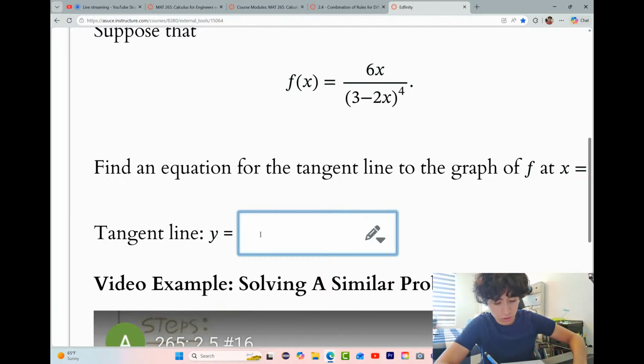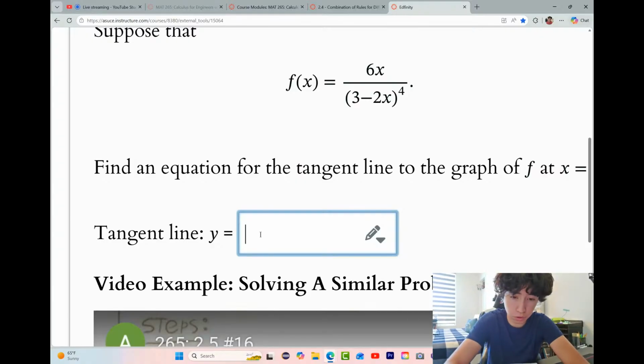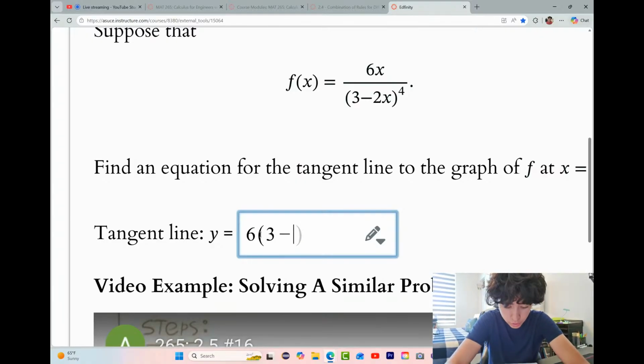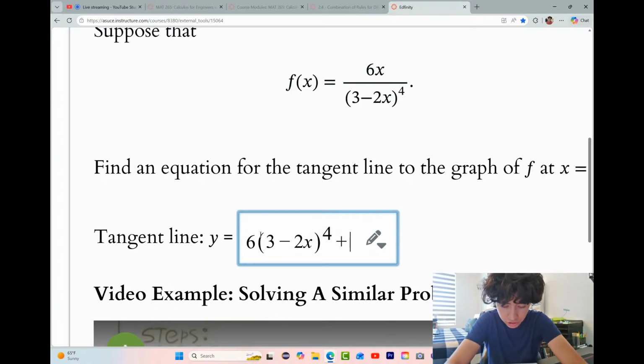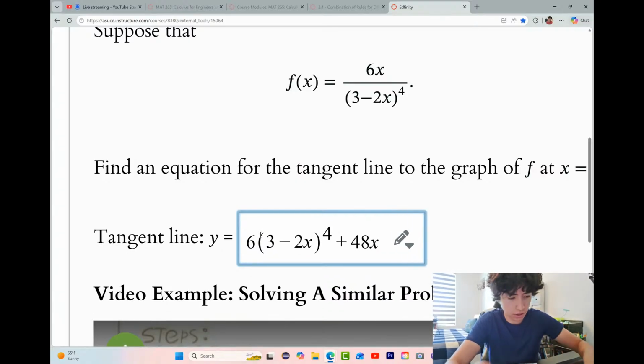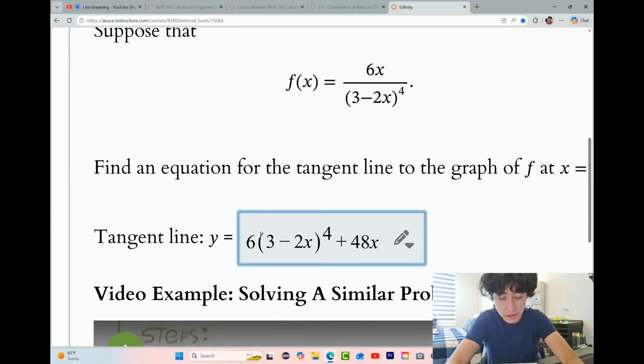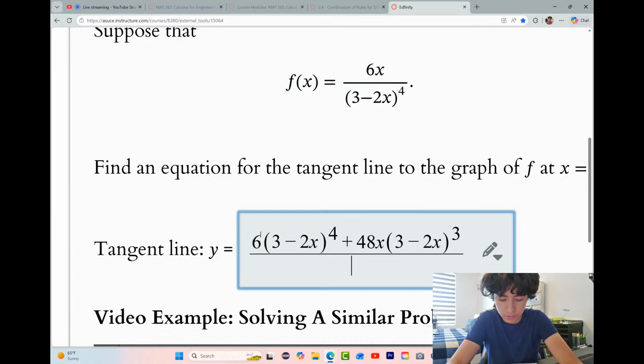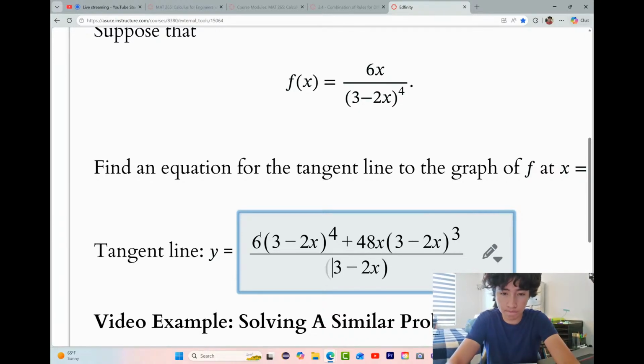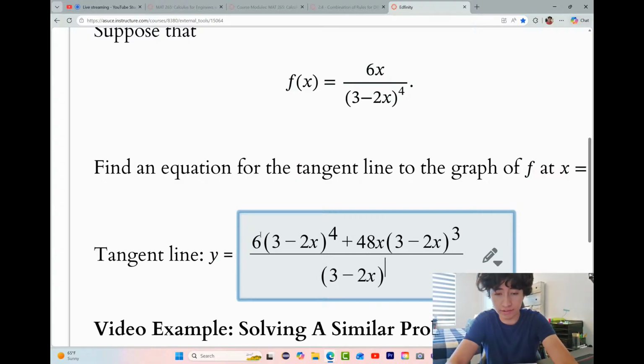Plugging that in, we'll just plug in our entire slope: (3 minus 2x) to the power of 4 plus 48x times (3 minus 2x) to the power of 3, all of that over (3 minus 2x) to the power of 8.